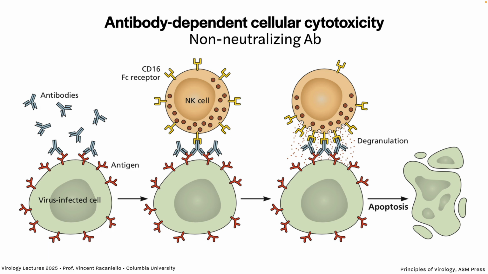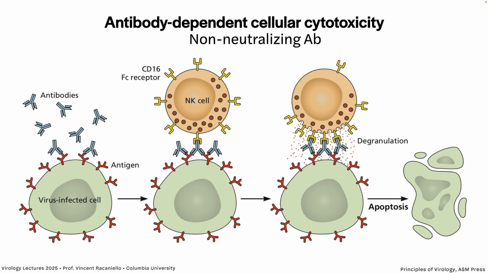This is an NK cell, and engagement of these antibodies via Fc receptors leads to killing or apoptosis of this infected cell. The NK cell sends molecules across to the cell that induce apoptosis, so effectively eliminating the virus-infected cell. These can be non-neutralizing antibodies, right? So they won't block infection, but they will lead to lysis of an infected cell.